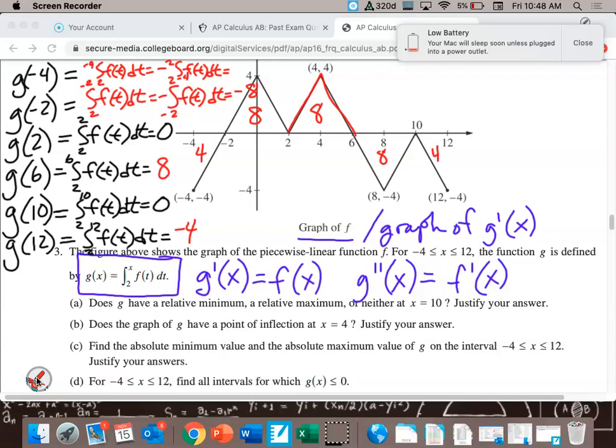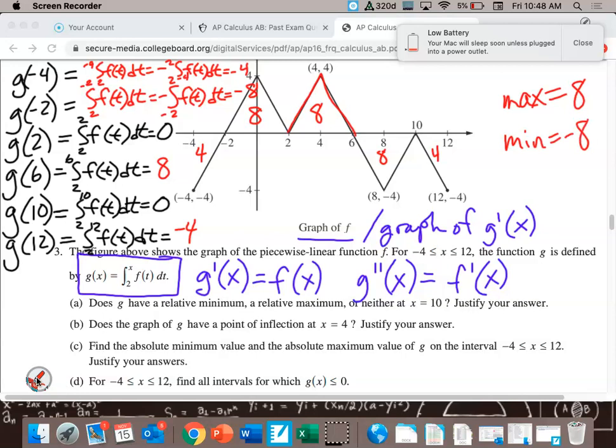So we'd have a net area of 4, but we've got to multiply it by negative 1. So we get a negative 4. All right, so our answers: negative 4, negative 8, 0, 8, 0, and negative 4. What's the max? 8. What's the min? Negative 8. Done.